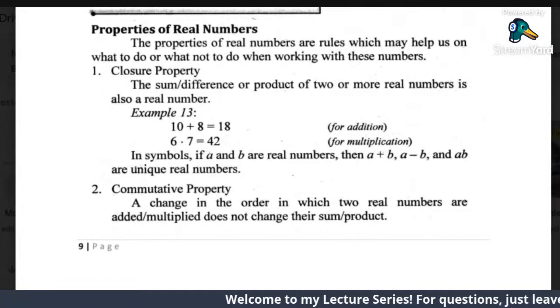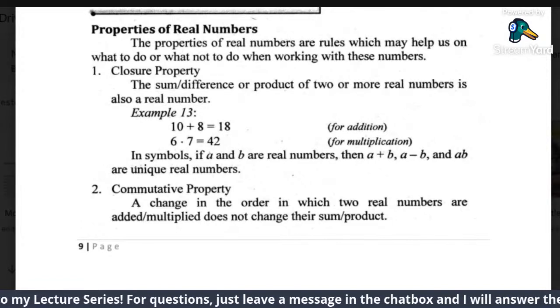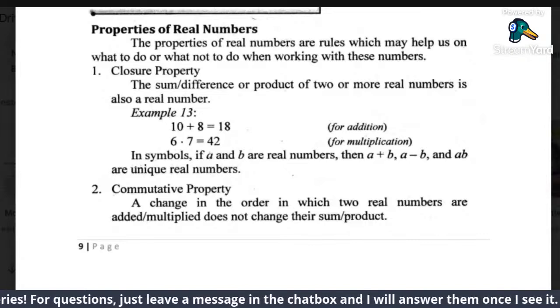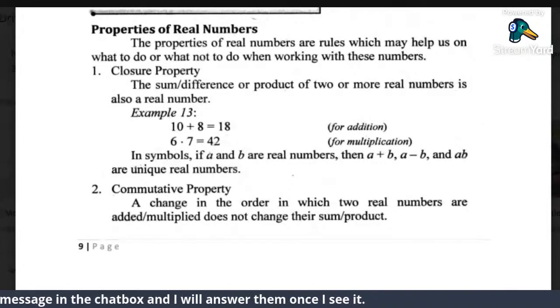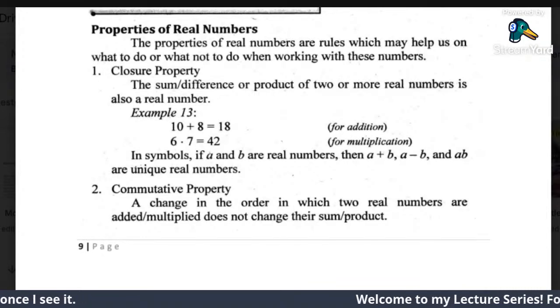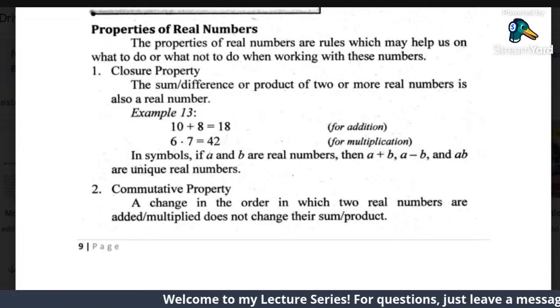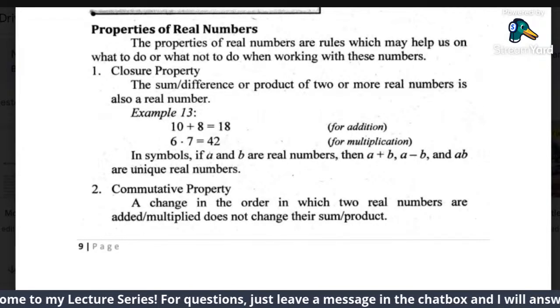For closure property, 6 times 7: 6 is a real number, 7 is a real number, and the product is 42, which is also a real number. In symbols, if A and B are real numbers, then A plus B, A minus B, and AB are unique real numbers.